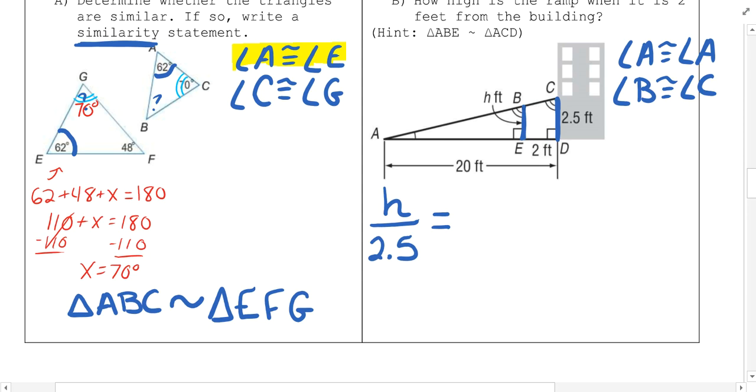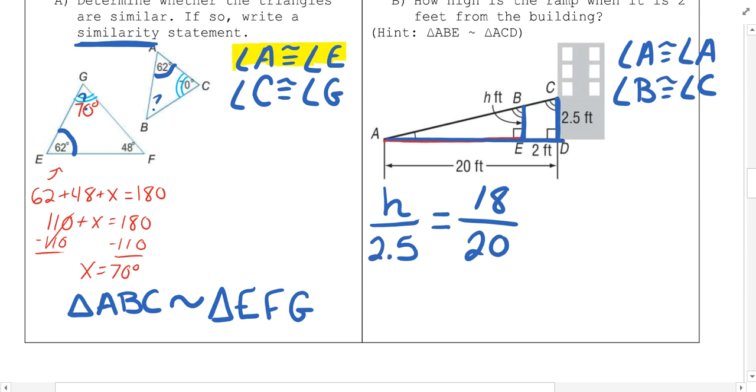So since h was in my small triangle, I now have to find the other leg of my small triangle, which is 2 feet from the building, and we know that from point A all the way to the building is 20 feet, and this is 2 feet back. So that's going to be 18 over 20, because 20 is that side length of the full triangle.